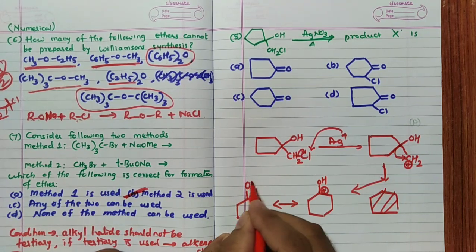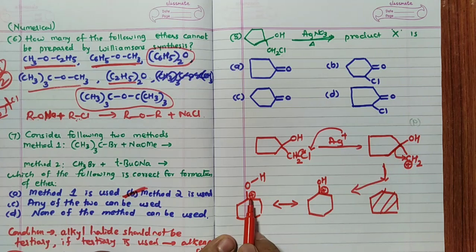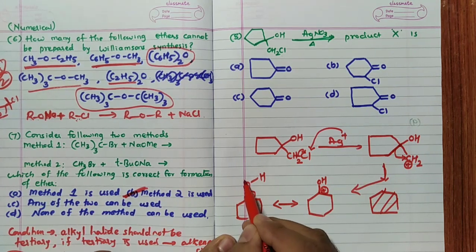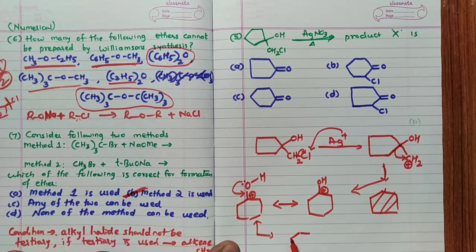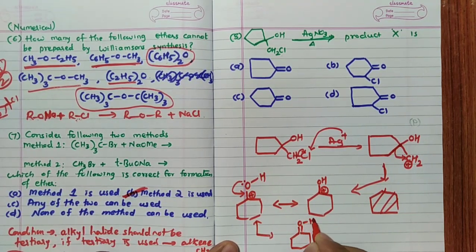The plus charge is here, it is not stable. So immediately this particular oxygen, being more electronegative, will give the electron to this carbon, forming a double bond to OH, with positive charge on oxygen.